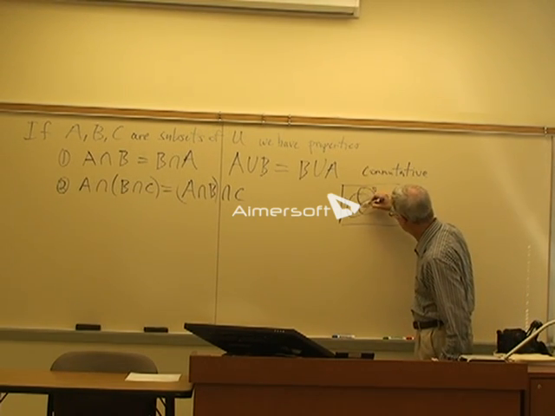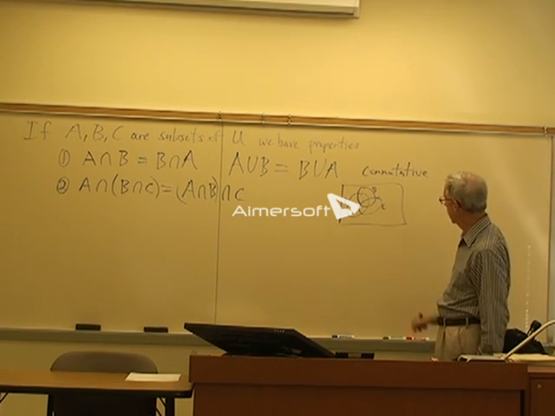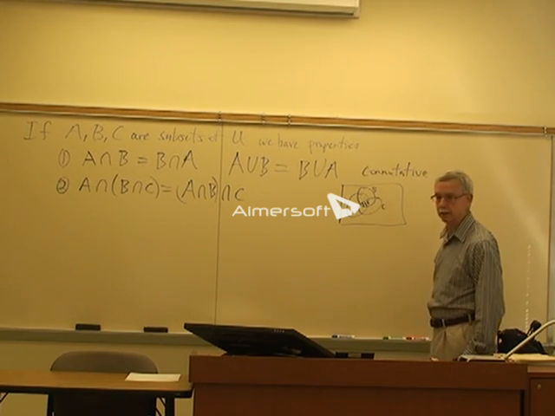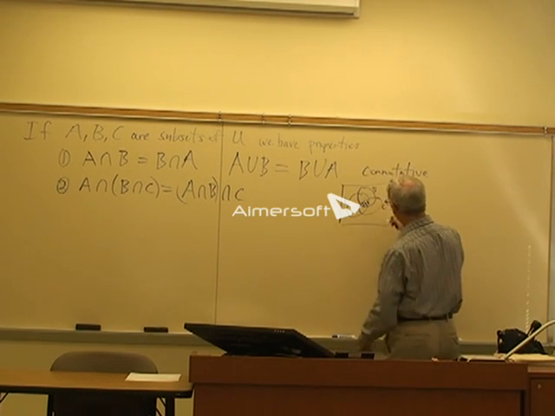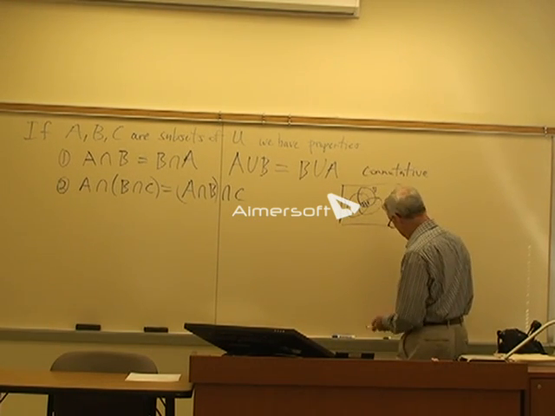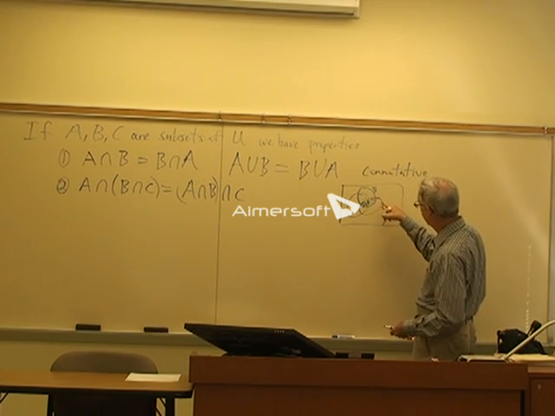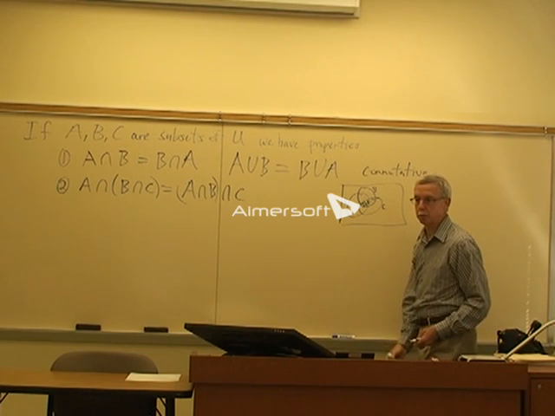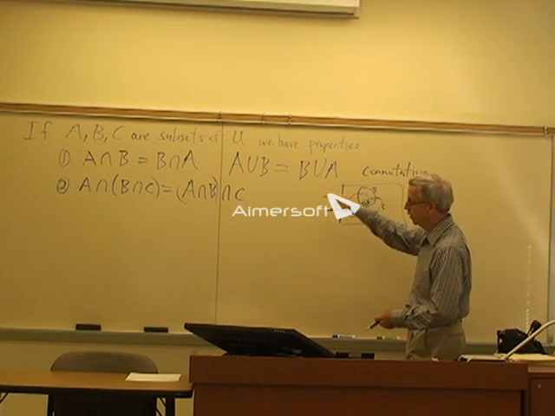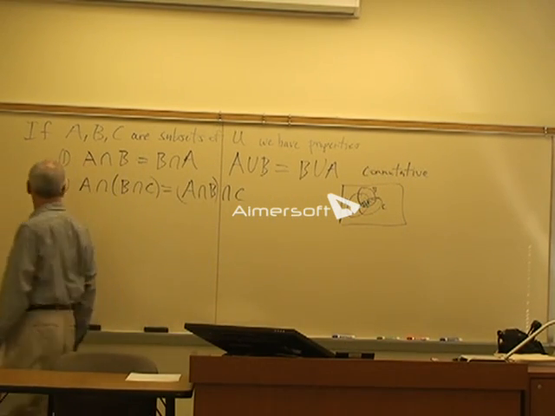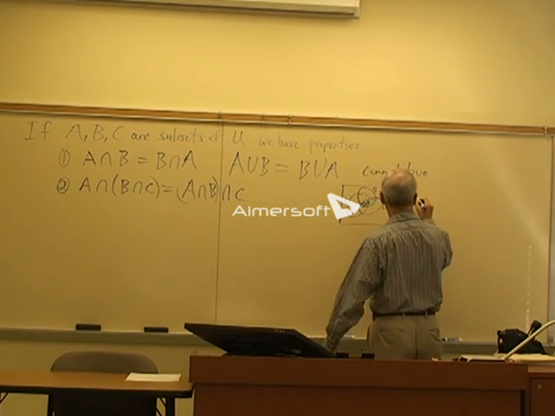It's here. And if I intersect that set with C, I end up there. If instead I take B intersect C first, I end up in here. When I take B intersect C and intersect it with A, I'm back in the same place. It's just the intersection, and this is almost the same way you would prove it element by element. So what do we call that property? Associative.